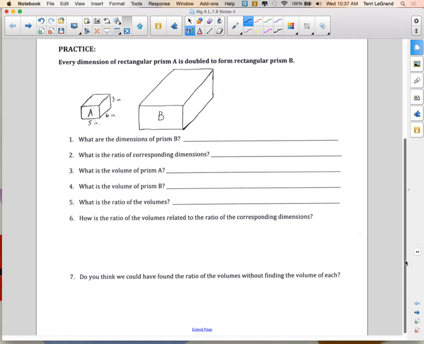Every dimension of rectangular prism A is doubled to form rectangular prism B. How many dimensions does this prism have? How many dimensions does a prism have? 4, 6, 8, 12. 3.